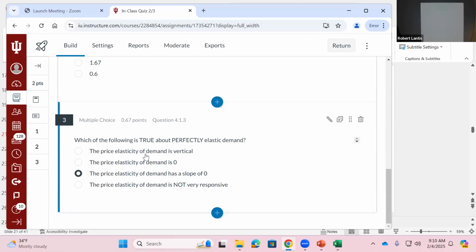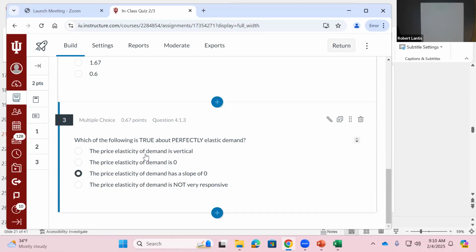What would the slope of a horizontal demand curve be? 0, right? That change in price would be 0 over a change in quantity, something ranging to 0. What might elasticity be? Well, there, the percentage change in price is 0. When I'm calculating my price elasticity of demand, that's what's in my denominator. So anything over 0 is going to be infinite.